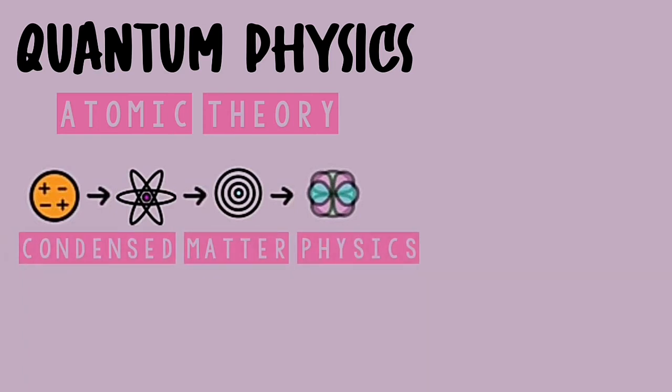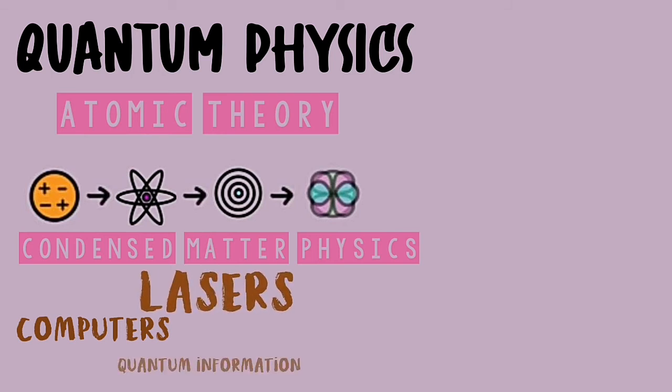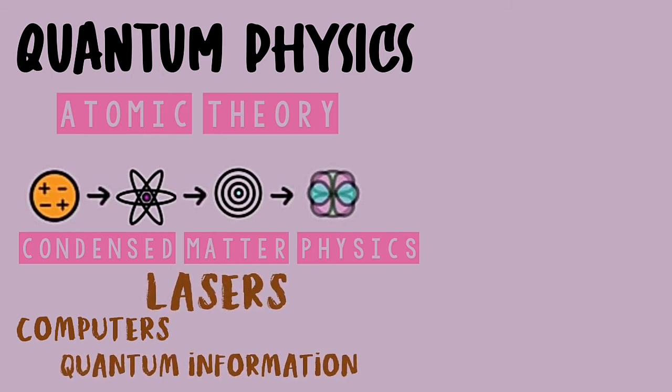Condensed matter physics describes the quantum physics of many atoms together in solids and liquids, and is where many great technologies have come from, like computers, lasers, and quantum information technology.